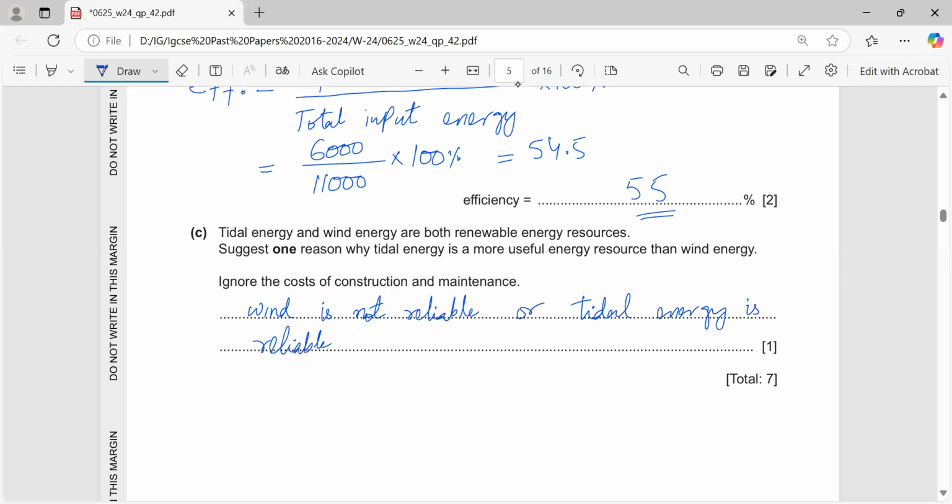Of course, if there is cloudy weather, even at night, the moon will not be shining, but still it will not be that much affected. So if we are comparing wind and tidal energy, then tidal energy is more reliable, or you can say the waves follow some sort of regular pattern. Wind never follows a regular pattern. Anyway, any one of these two statements you have to write, not both of them.